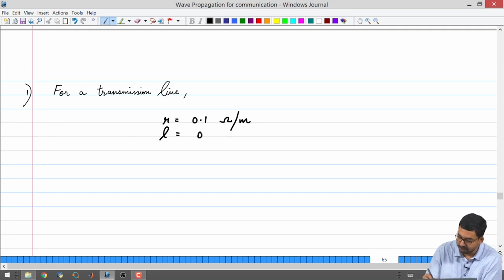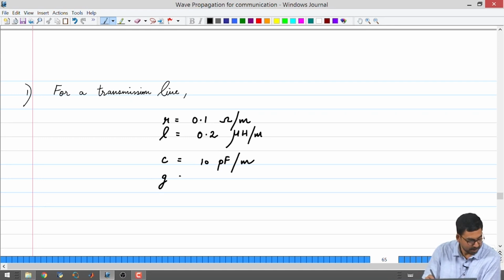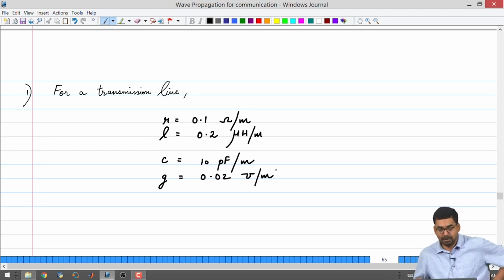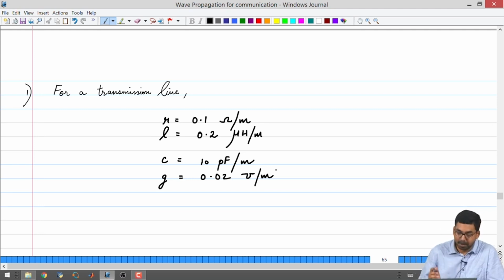L was 0.2 microhenries per meter, capacitance of the order of 10 picofarads per meter, G is 0.02. Please note that this is just one of the cables that I took. It seems to be a particularly poor cable, or the frequencies at which these data have been taken are quite high. But it serves a specific purpose for this lecture, so I have picked these values.